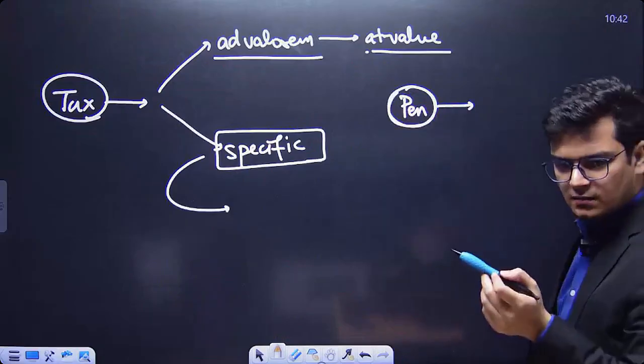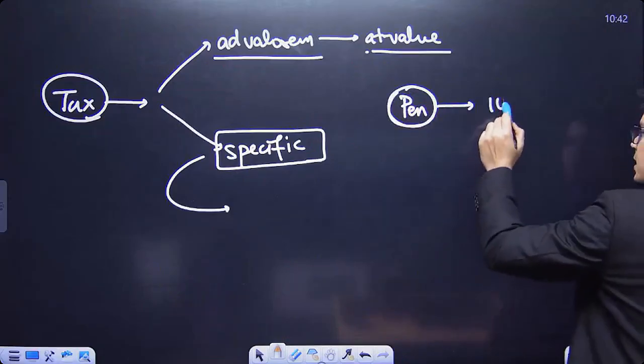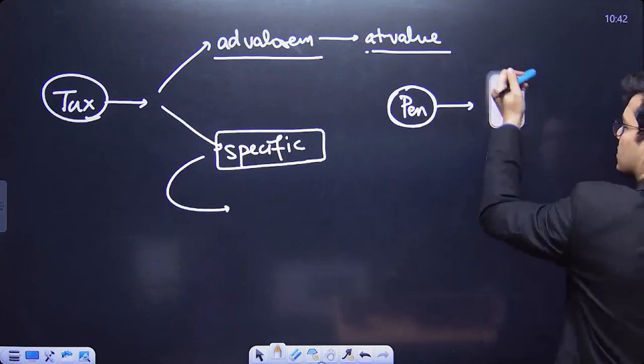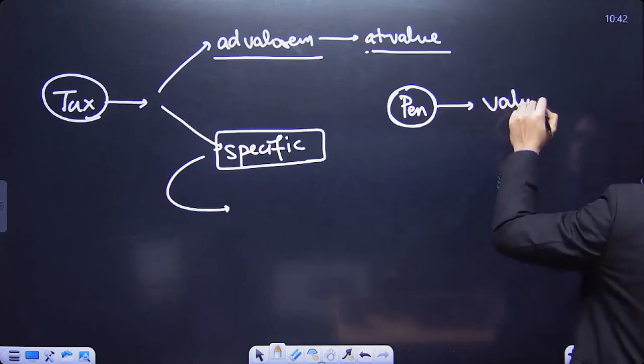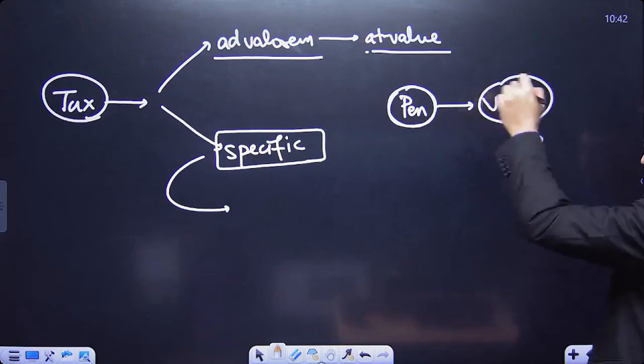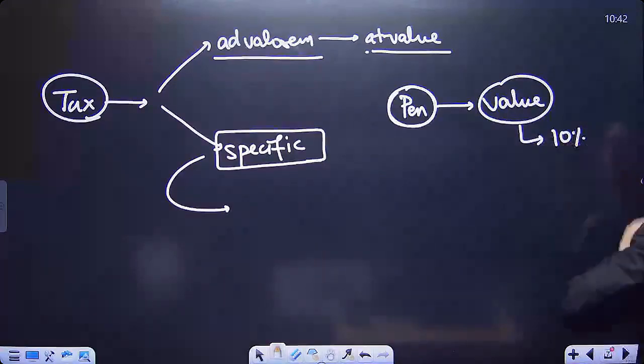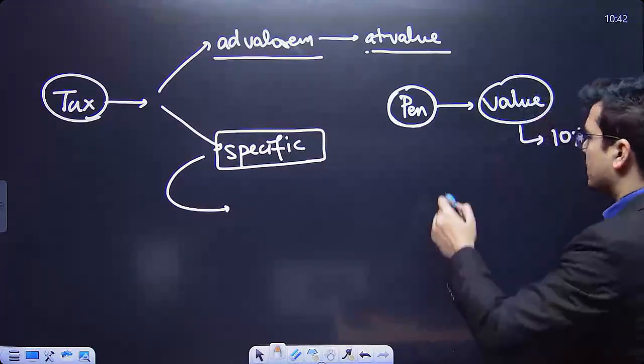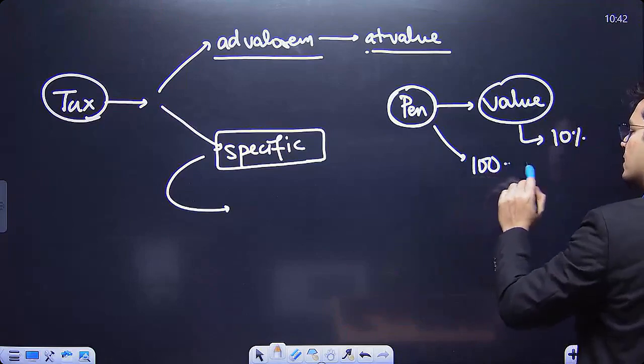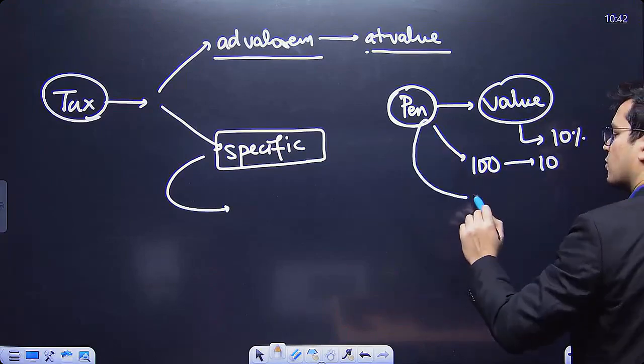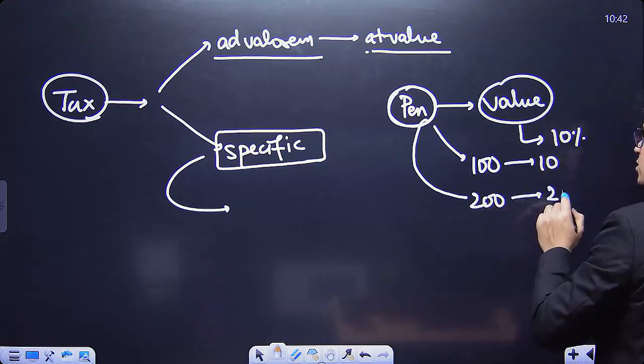Whatever value you sell this pen for, you will pay on that value a tax of 10%. So if I sell this pen for 100 rupees, I will pay tax of 10 rupees. If I sell it for 200 rupees, I will pay tax of 20 rupees.